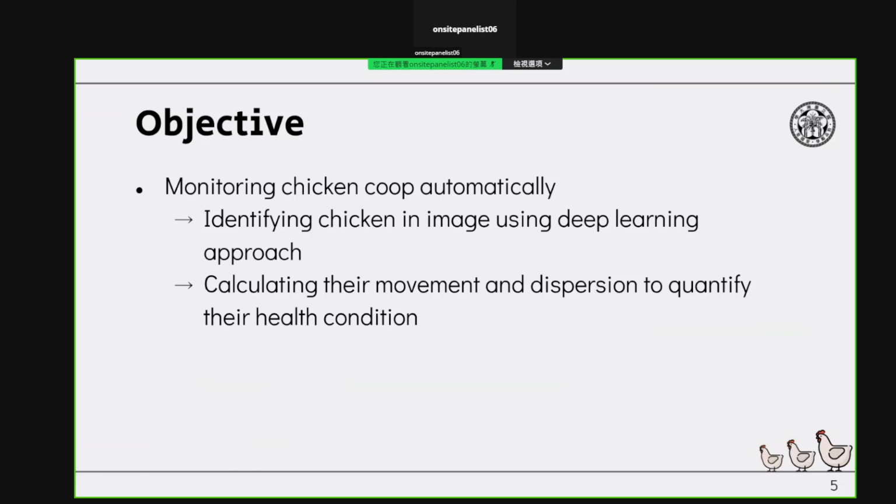So we are really curious about whether we can develop a system to monitor the chicken coop automatically. What we are doing is using video to capture images of the chickens, and then we quantify their health condition in a more numerical way, since the term health condition is quite vague.